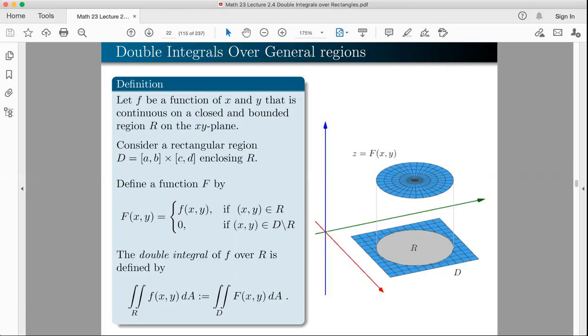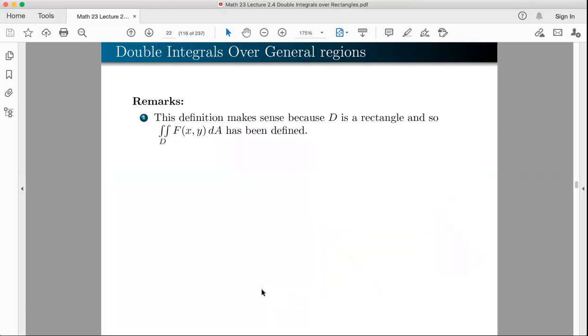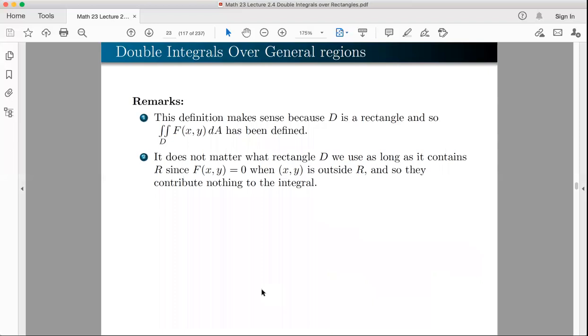So firstly, the integral on the right makes sense because D is a rectangular region, and we already defined our iterated integral over a rectangular region. Secondly, it doesn't matter the size of the rectangle D that we use.